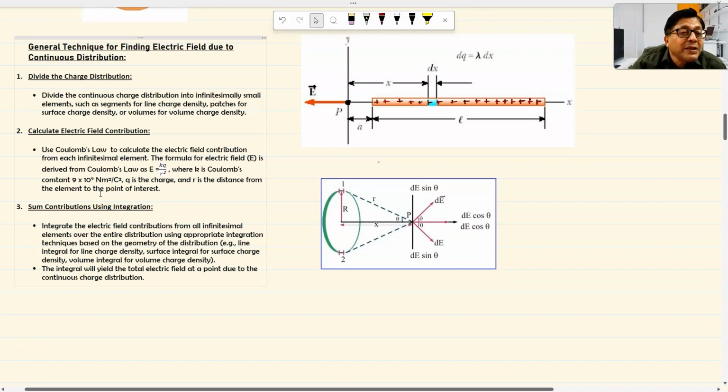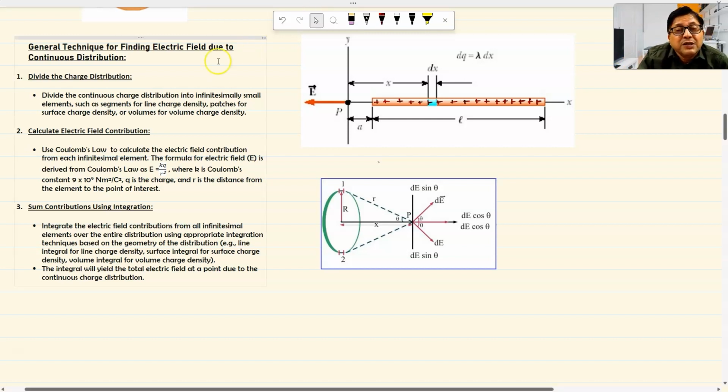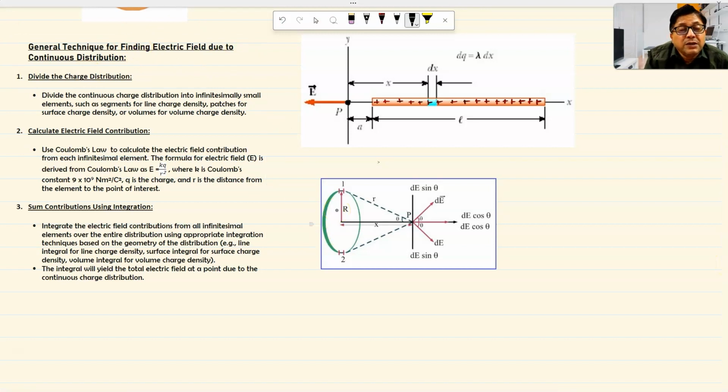It's a very common method, used in some problems in moment of inertia. This you have already used. When you want to find the electric field due to the charge distribution given here, maybe along the circumference of the ring, maybe along the length of the wire.